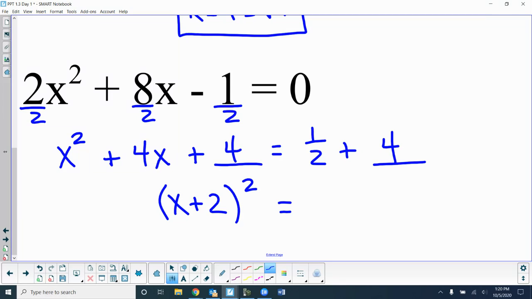And then what is a half plus 4? 4.5, right? But usually we don't write it like that. How do we usually write that when we want a fraction? How do I make it a fraction? Regular, just one number over another. 2 times 4 plus 1. Right, 2 times 4 plus 1, so it's 9 halves.